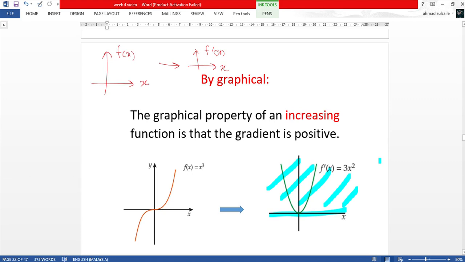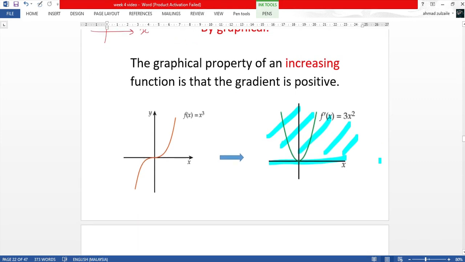Okay, for example, here is f x equal to x cubed. Alright, so if you notice from left to right, when you increase the x value, the function here has a positive gradient throughout the line, right? When you have a positive gradient, sketch the f prime x, and therefore the graph will lie above the x-axis.